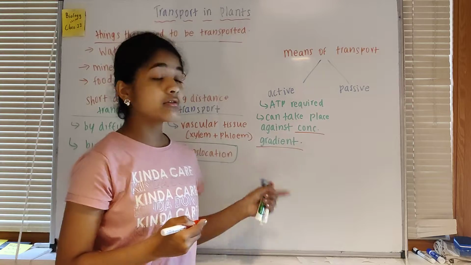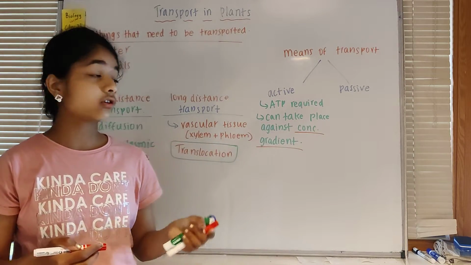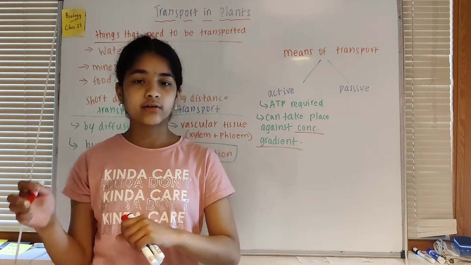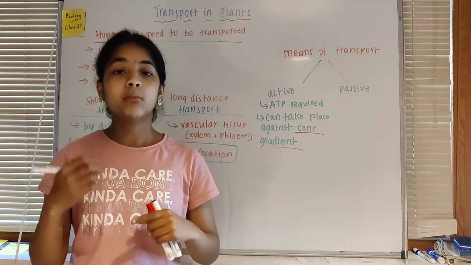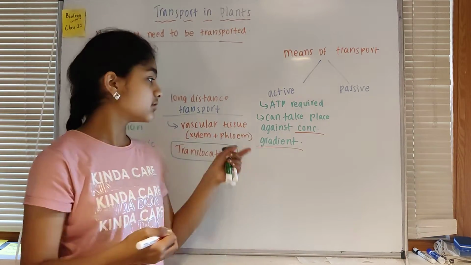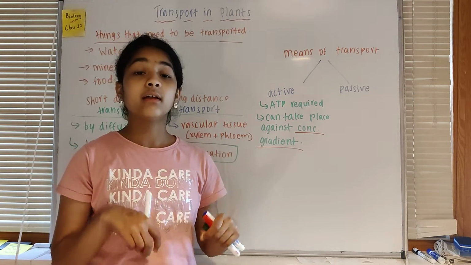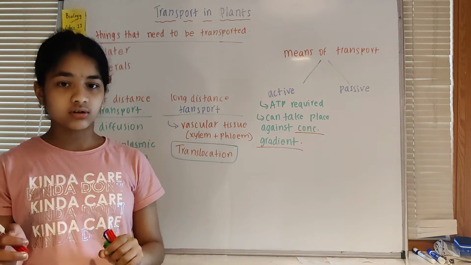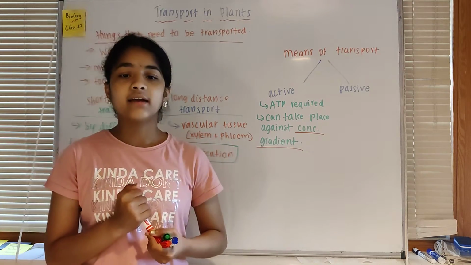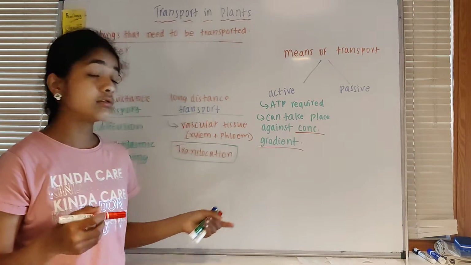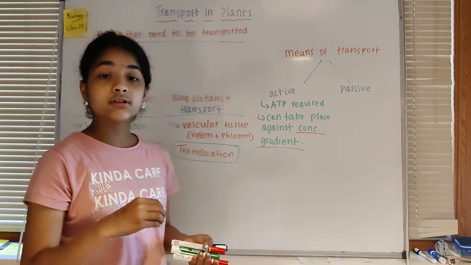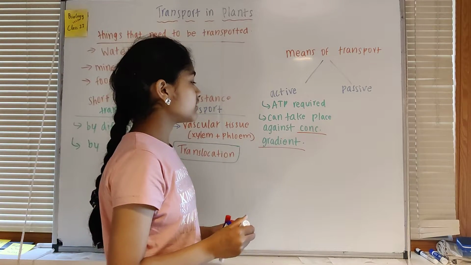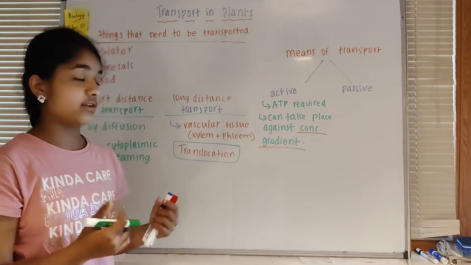Basically, the concentration gradient is the difference in the concentration of a substance. For example, there is a lower concentration and a higher concentration. The difference between those two concentrations is known as the concentration gradient, and the bigger the difference, the steeper the concentration gradient is, and the faster the molecules will move or diffuse. So it's basically just the difference.